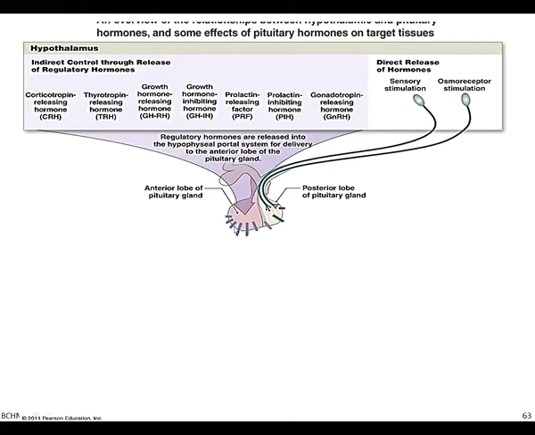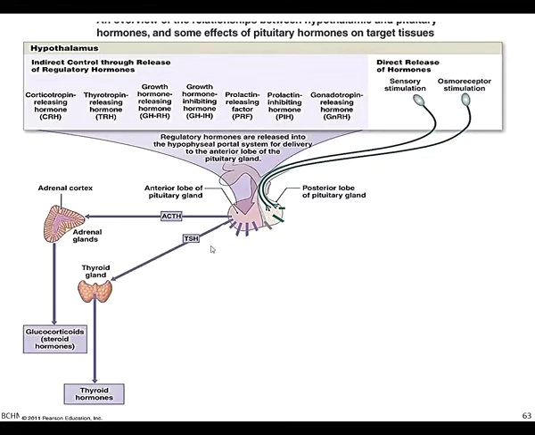Once the anterior pituitary gland is stimulated by the releasing hormones from the hypothalamus, it starts secreting its hormones. As an example, it secretes ACTH, which will affect the adrenal gland, especially the adrenal cortex, to release the glucocorticoid steroid hormones.